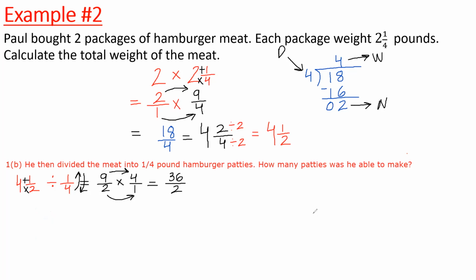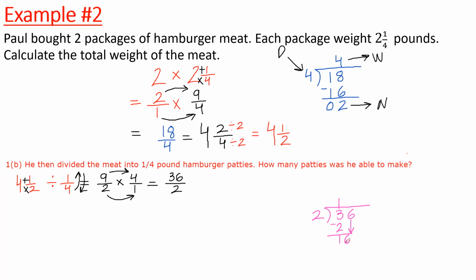So we say, how many times does 2 go into 36? 2 goes into 3 how many times? Once. So 2 times 1 is what? 2. Then we subtract. 3 minus 2 is what? 1. Bring down the 6.